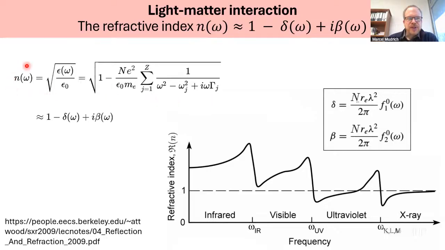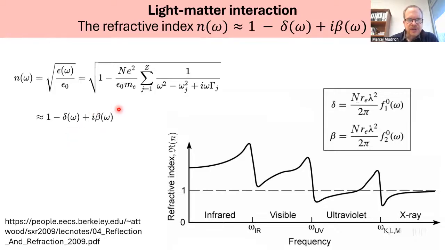and then based on this harmonic oscillator model, we came up with an expression for the refractive index, which is a complex quantity, and it contains a real part and an imaginary part. The real part is typically what we call the refractive index. That's the part that acts on the phase fronts, on the phases of the light, and that is what is responsible for refraction, also reflection on dielectric interfaces or surfaces between dielectric media.